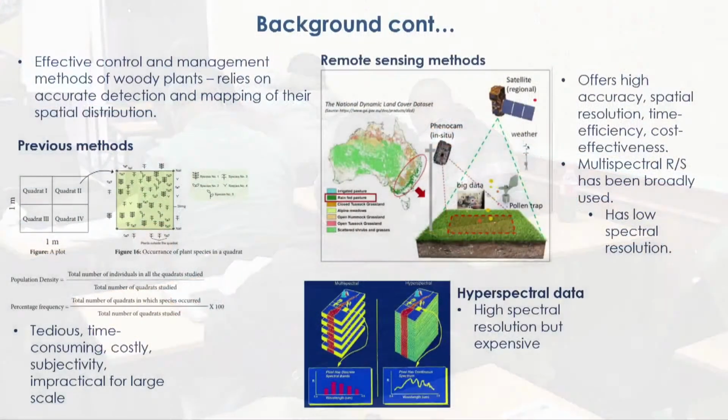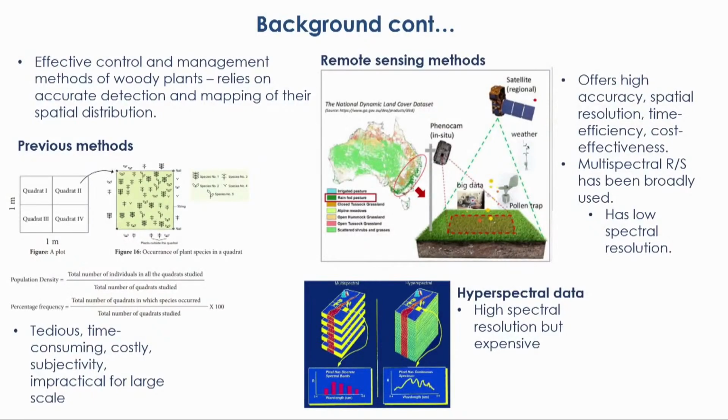Monitoring and managing woody plant encroaching species requires accurate detection so that you can map their spatial distribution. Previously, methods used to map encroaching woody plants have relied on visual inspections, which involve human beings, which means that they are prone to inaccuracies.